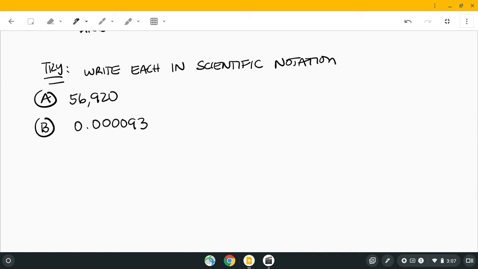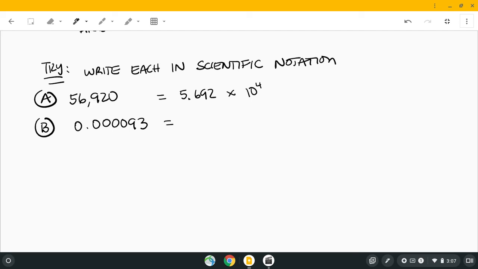Okay, so this first number here is a number that's greater than 1, so it's going to have the positive exponent. So we have here 5.692 is where I need to place the decimal. And I see here that it moved 1, 2, 3, 4 times.